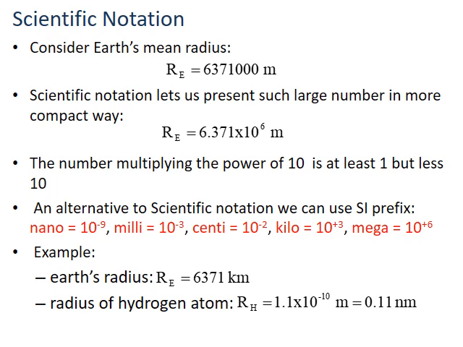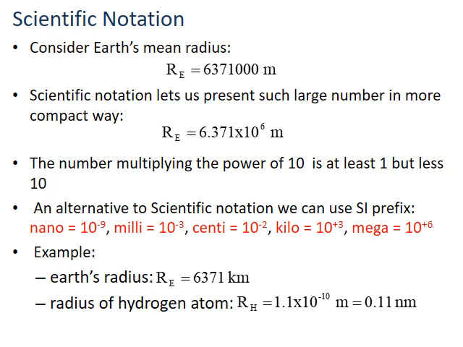For the radius of the Earth, I could have written it as 6,371 kilometers. The 10 to the power 3, I removed, and I wrote kilo instead.